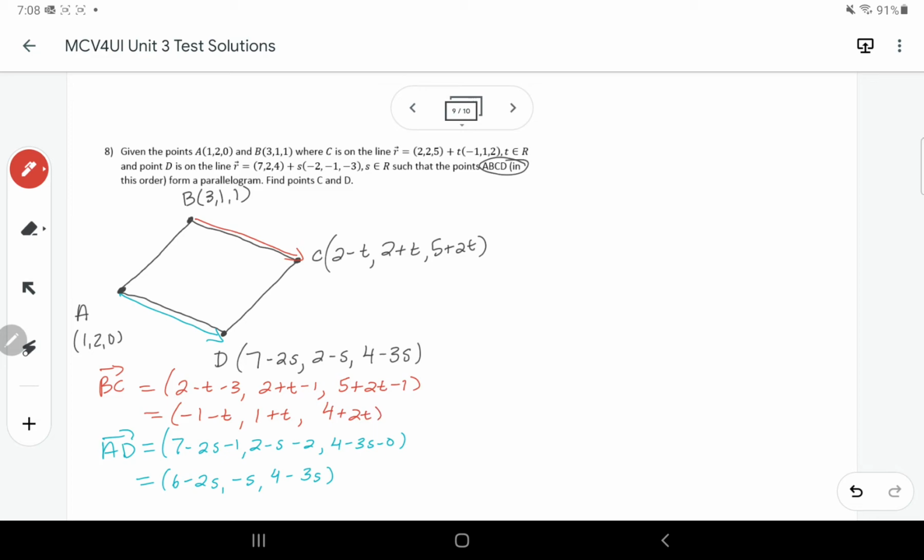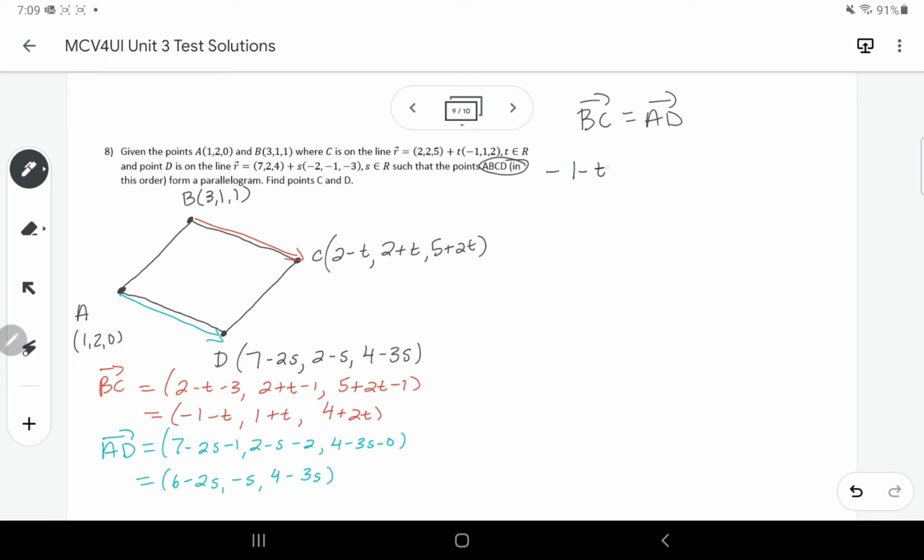So if we know that these two vectors have to be equal, we know that their x, y, and z components have to be equal, and that can help us solve for S and for T. So I know that BC equals AD. I'm going to set up a system of equations here. I'm going to use the x components and the y components.